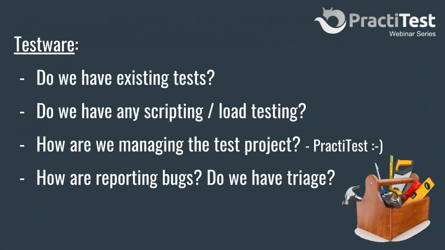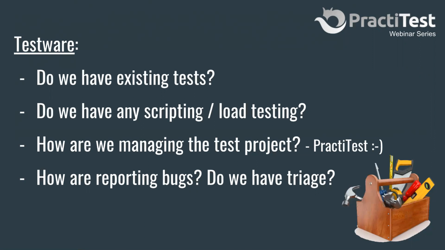How are we reporting bugs? And by how I mean, please don't tell me you're sending them by email. If you're working in a very agile environment where bugs are fixed on the spot, great. What about those that are not fixed on the spot? And I know that some people say that a bug should either be fixed on the spot or forgotten about it. I don't buy into that idea yet.